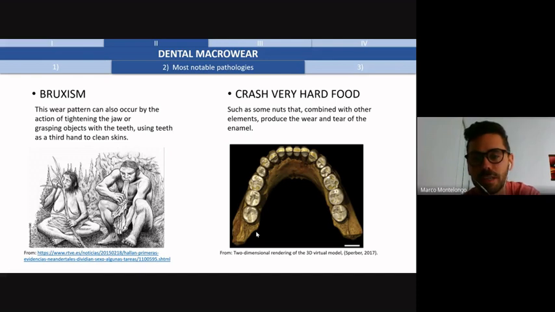This wear pattern can also occur by the action of tearing, chewing, or grasping objects with the teeth, using teeth as a third hand to clean skins, for example, and to mince meat. In crushing very hard food, such as some nuts, combined with other elements, produce the wear and tear of the enamel.